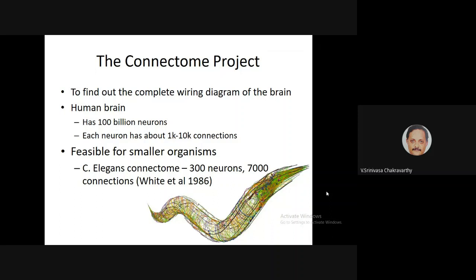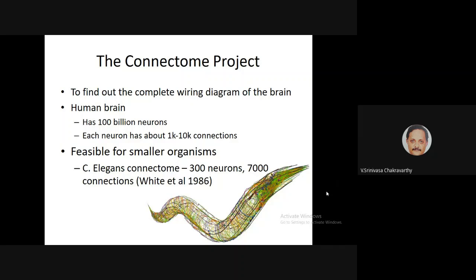If you want to characterize this connectivity pattern, you need to find out, if your nervous system has n neurons, is the ith neuron connected to the jth neuron? This problem is called the connectome project. Working out the entire connectivity pattern of a given nervous system or brain is called a connectome.